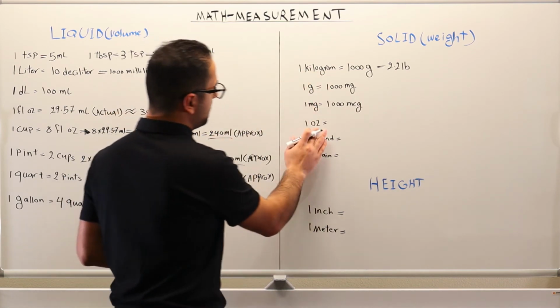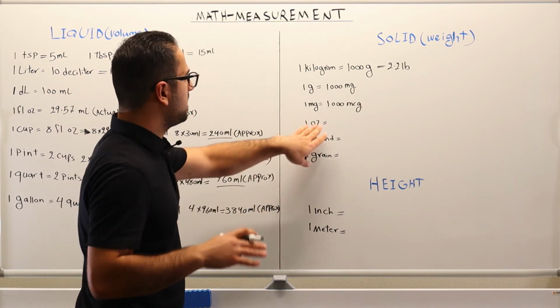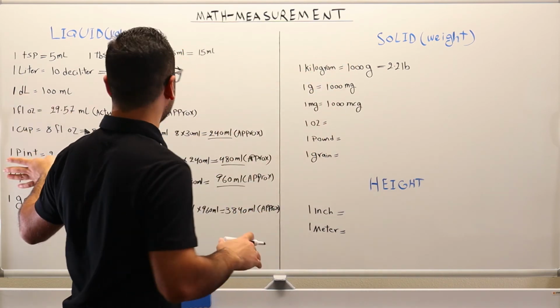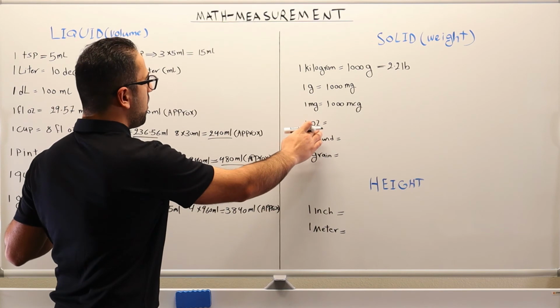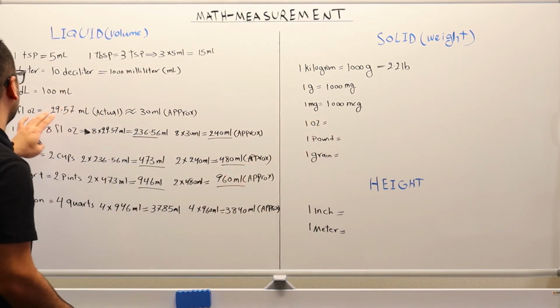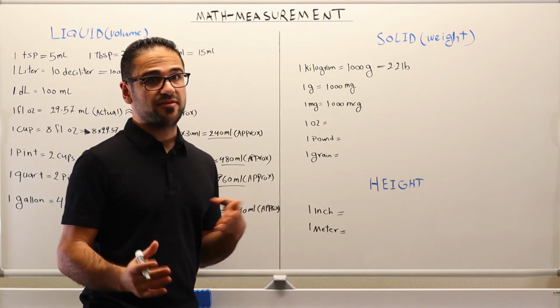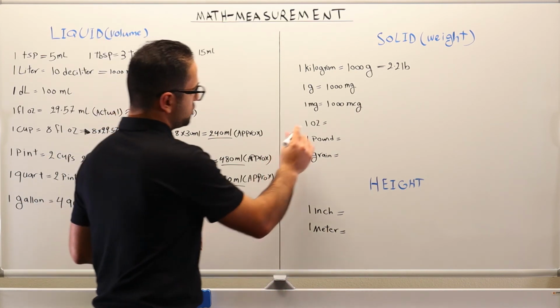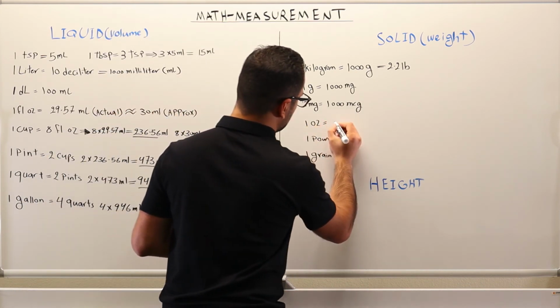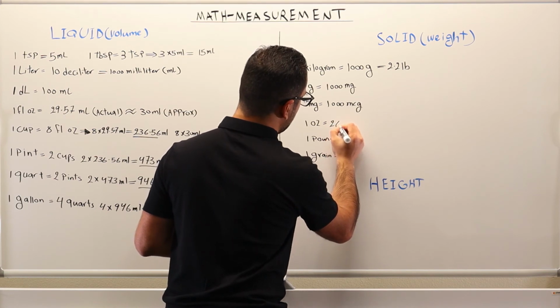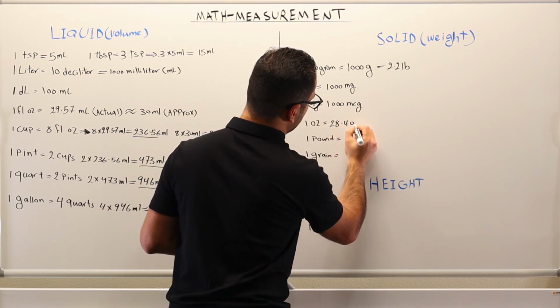So now moving to ounces, and I want to make sure that ounces in weight is actually different than the liquid, because this is based on grams and this is based on milliliters. So keep that in mind, as these two units, they're not the same thing. So 1 ounce is actually equal to 28.4 grams.